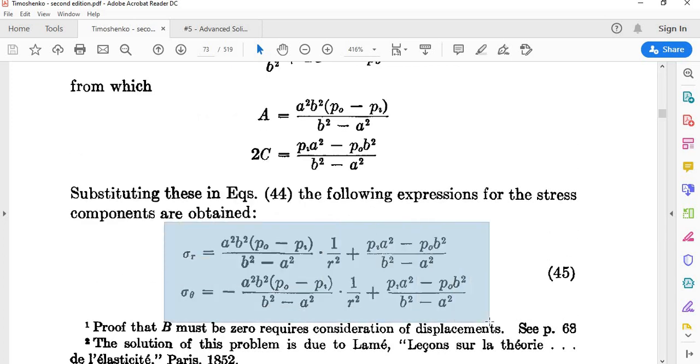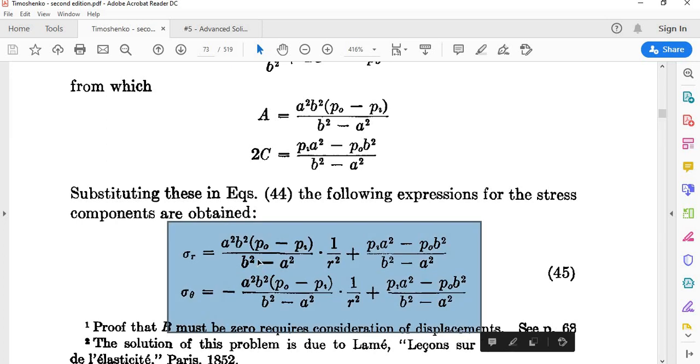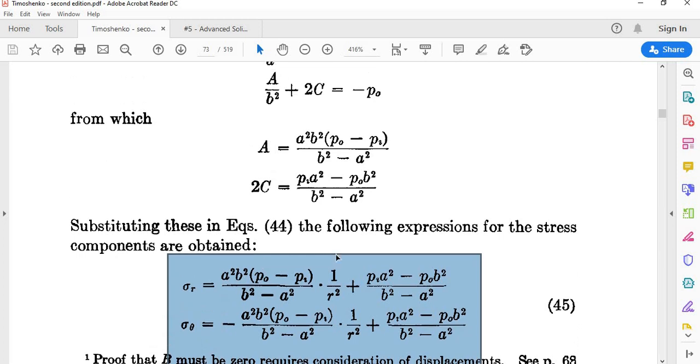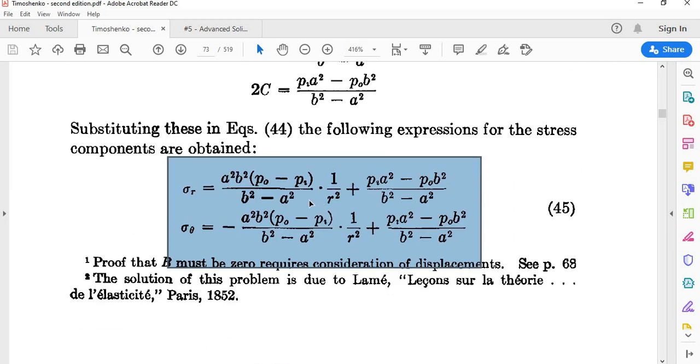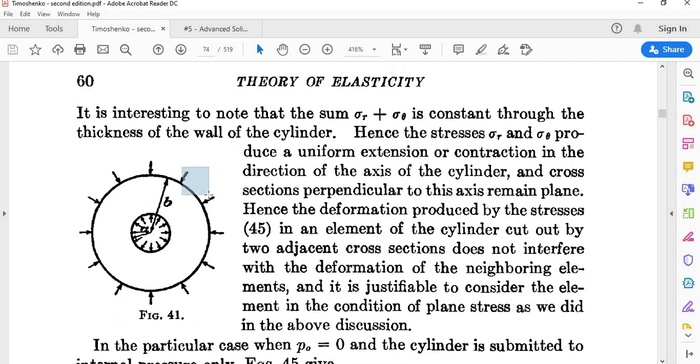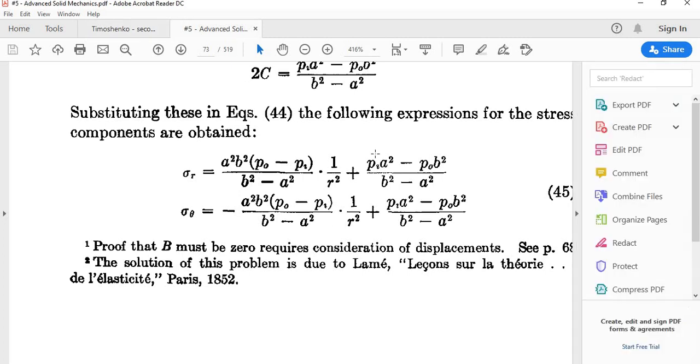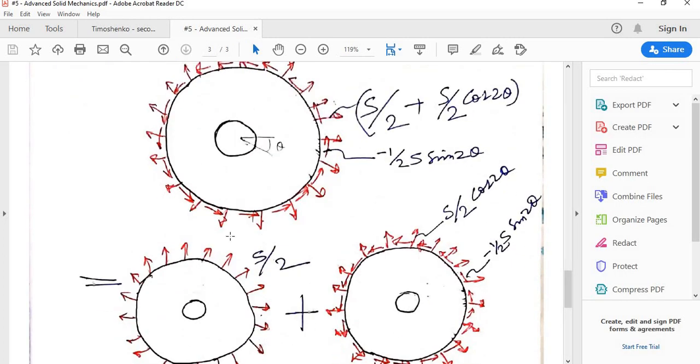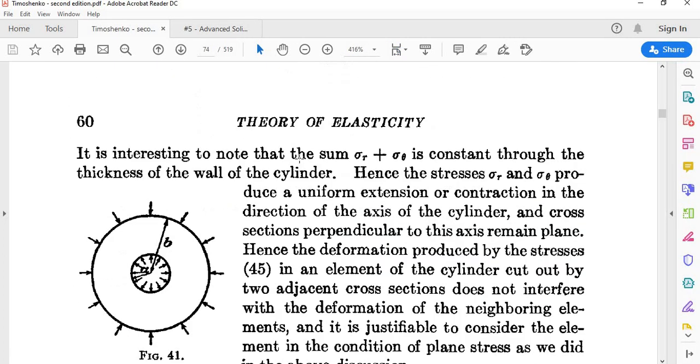Sigma r depends basically on internal radius a, external radius b, internal pressure Pi and external pressure Po. Here they have assumed that the external pressure is acting inwards and internal pressure is acting outwards. So these are the stress directions they assume. In our case it is acting outwards, which is negative to what was assumed.